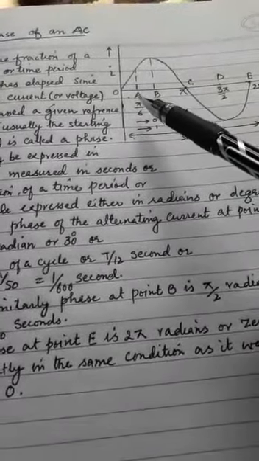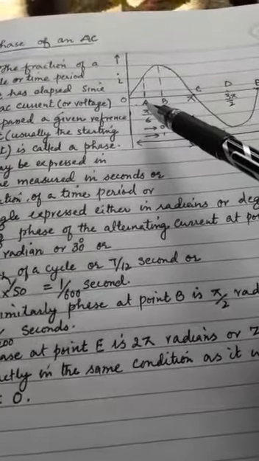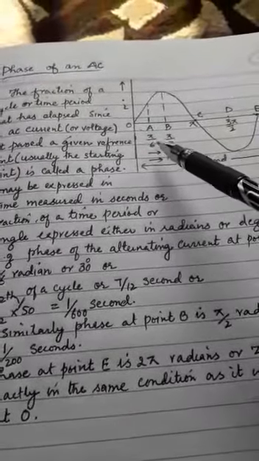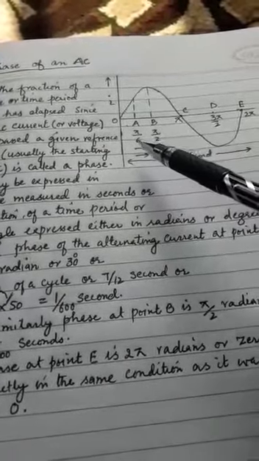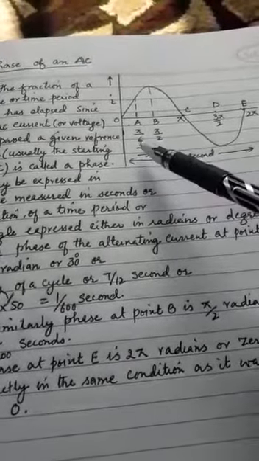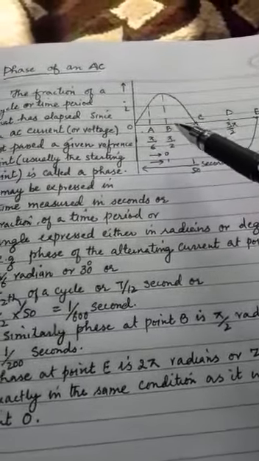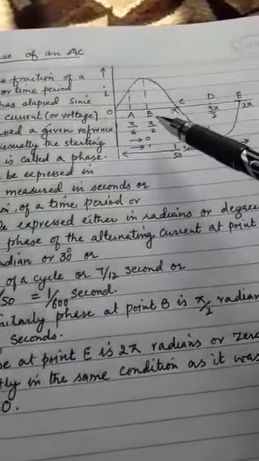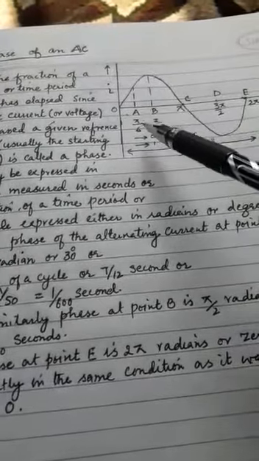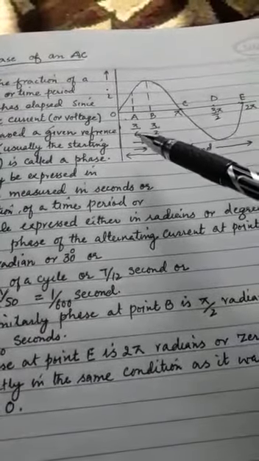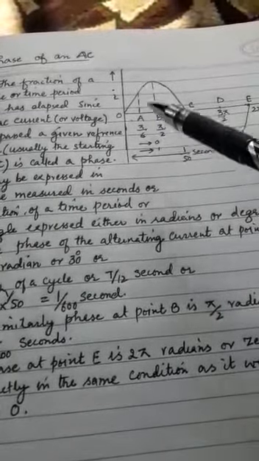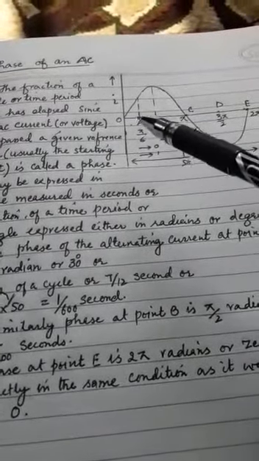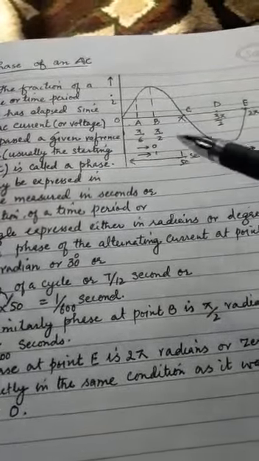When we take this phase of this sine wave, it is given to you as pi by 6 radians. The different phases of AC could be measured in angles or with the time period taken.